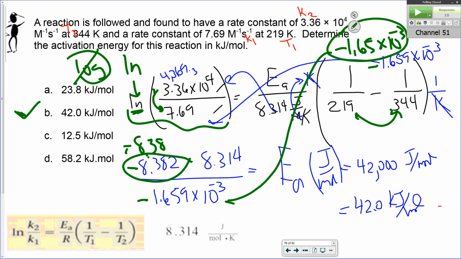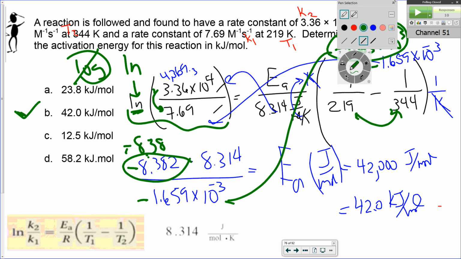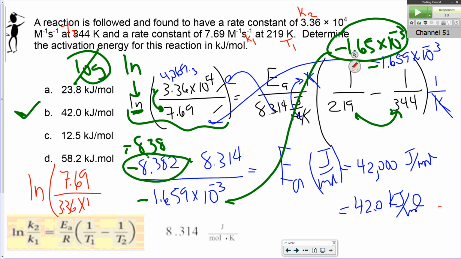Okay, that's where maybe you and your calculator have got to become more buddies. If you took the natural log of 7.69 divided by 3.36 times 10 to the fourth, that should be a negative 8.382. Parentheses around the 3.36 times 10 to the 4th. So you put double parentheses.